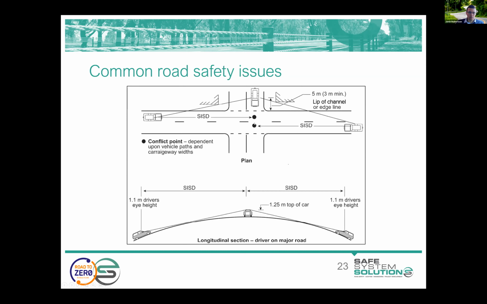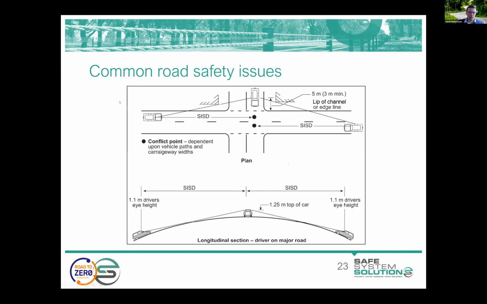Obviously, safe intersection sight distance will be impeded by any roadside furniture in this area, parked vehicles here perhaps. A vertical crest, if there is one, might impede safe intersection sight distance.